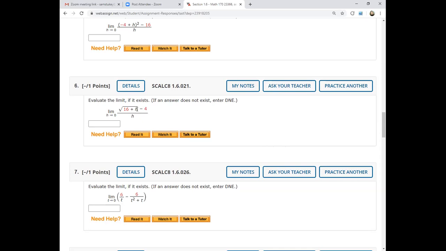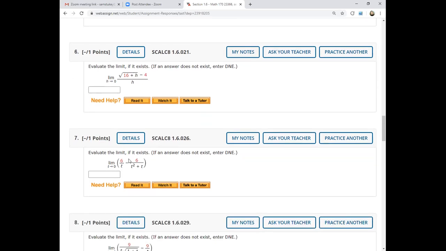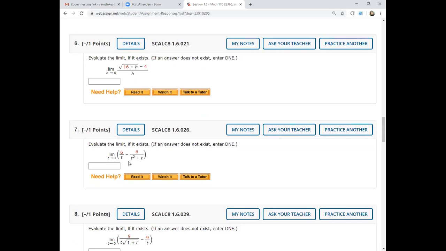And on the next one after that, you would have to combine them over the same denominator and cancel. So they can get a little complicated.